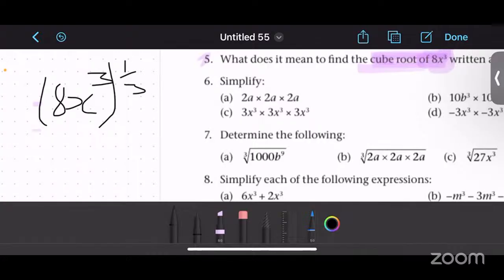Ma'am, you said you want to remove the brackets. Yes, but then, ma'am, can you give me an equation? Because if it's alone like this, I don't understand it that much. Okay, cool. Manahil, are you still with us?